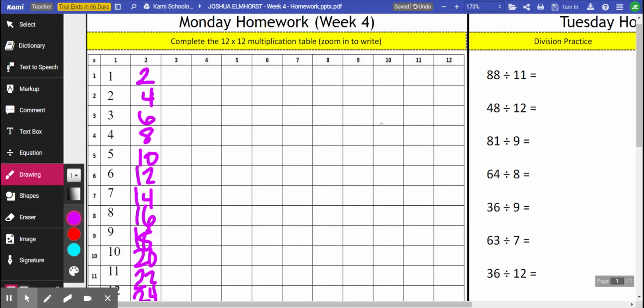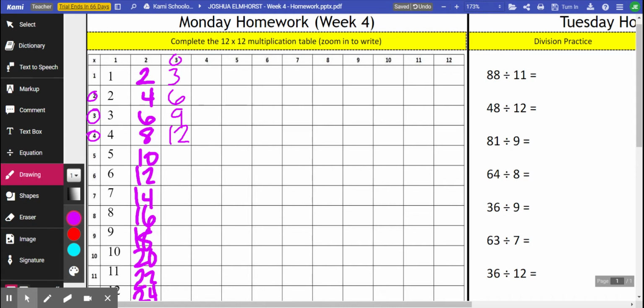Okay, so going to the next one. 3 times 1 is going to be 3. 3 times 2, so we're going to be doing the multiples, 3 times 2 is 6. 3 times 3 is 9. 3 times 4 is 12. And each time, if you're not sure, you could also use fingers and count up.